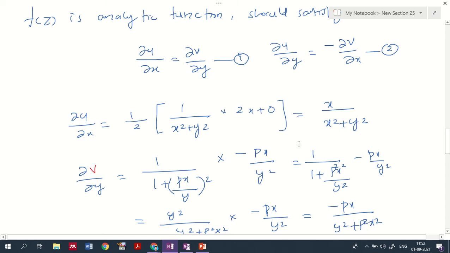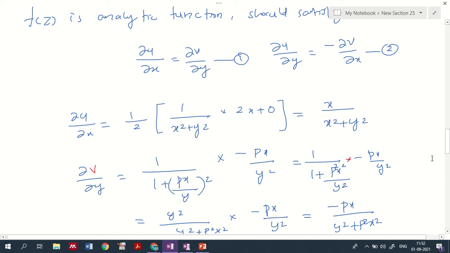Then, taking the square inside, that is 1 by 1 plus p square x square by y square, into minus px by y square.